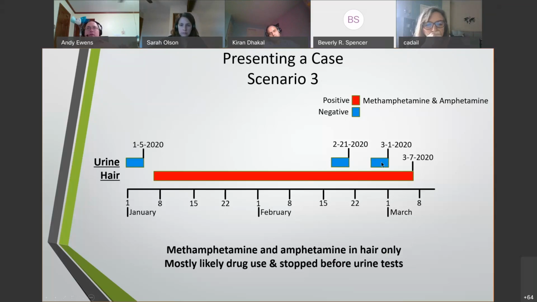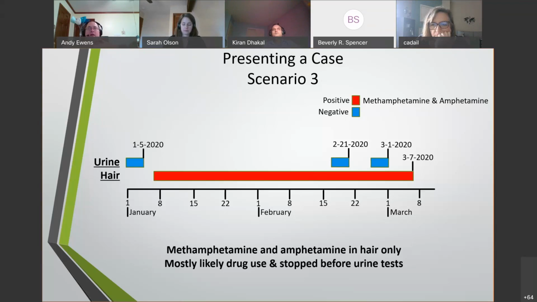As long as they know when the urine test is going to happen, they can try to avoid getting detected. But because the hair test continuously monitors for drug use, there's not a chance for you to just stop using it and hope that it clears out through your hair if you're a drug addict.